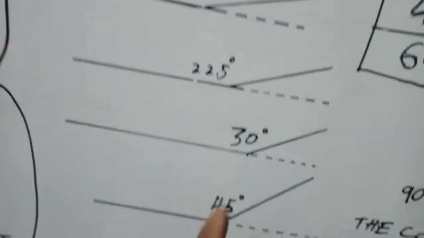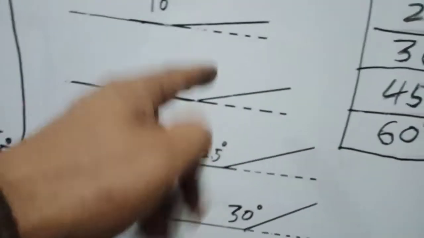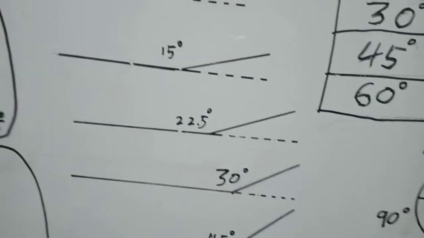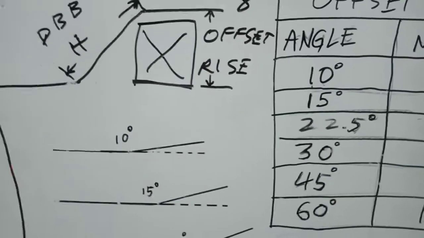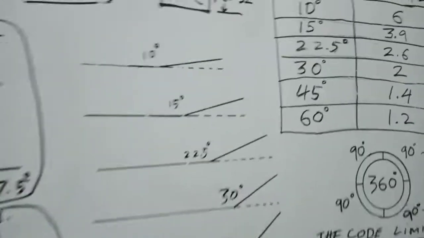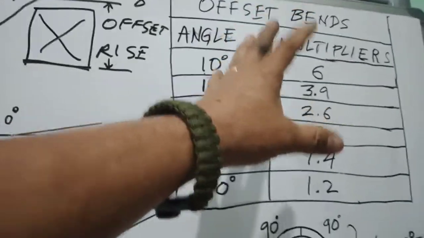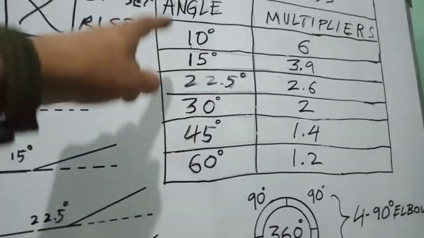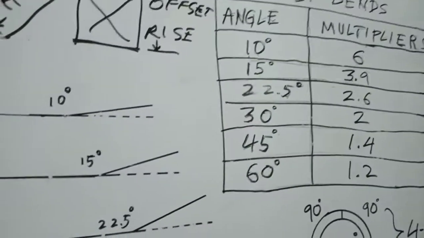Why do we have to know this? Why not only 10 degrees or 45 degrees? This is the reason why we have to memorize the multipliers of every angle we are going to utilize.